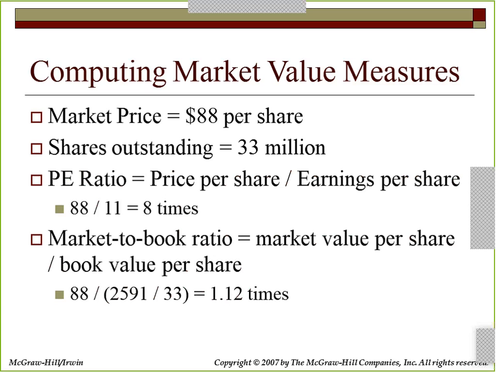So in essence, you go through a couple steps. You figure out the market price, the shares outstanding, and then the price-earnings ratio. And you can also compute the market value per share to the book value per share. But when you get to the book value per share, it may not be information that's readily available.